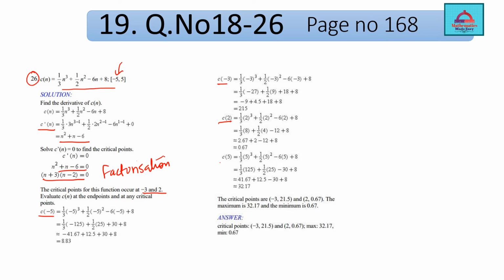Calculate at the critical points and this. The maximum value, if you see here, out of all the options is 215. So 215 is the maximum value which is coming at the critical point, and then you have minimum value 0.67. The value at the critical point is this, so that's your answer.